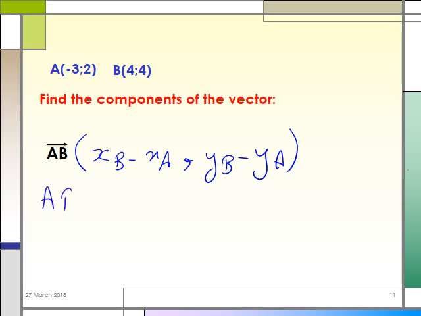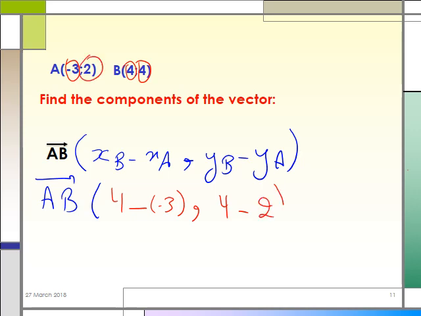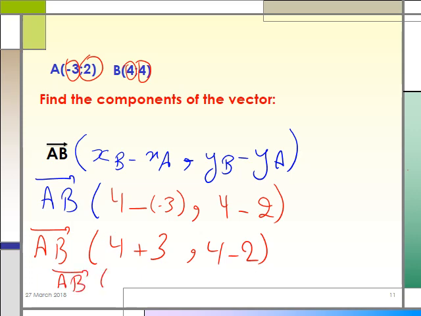So vector AB, XB is 4 minus XA minus 3, YB 4 minus YA 2. AB vector of coordinate 4 plus 3, 4 minus 2. So coordinate of AB is 7, 2.